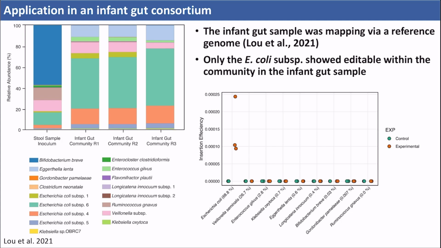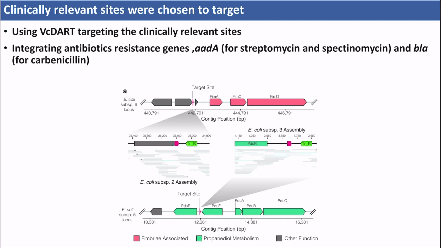Next, the research team do an application in an infant gut consortium. The infant gut sample was mapped via a reference genome, and only E. coli subspecies showed editable within a community in the infant gut sample.